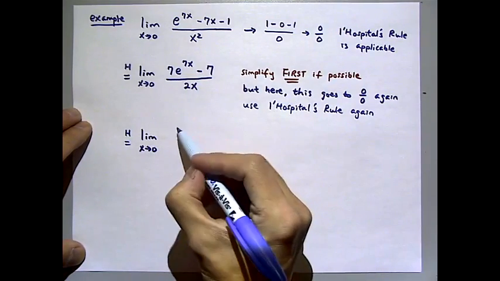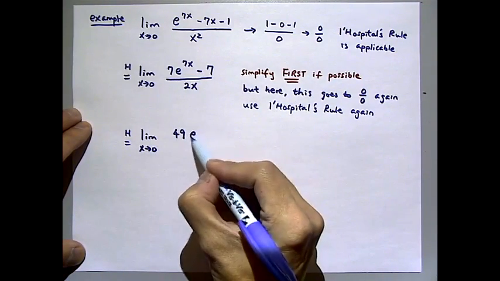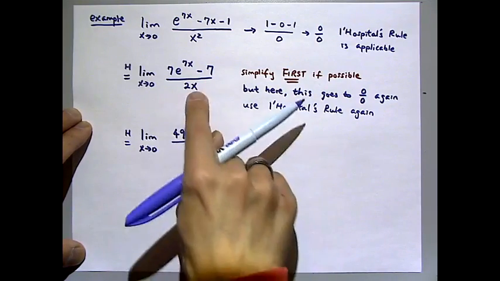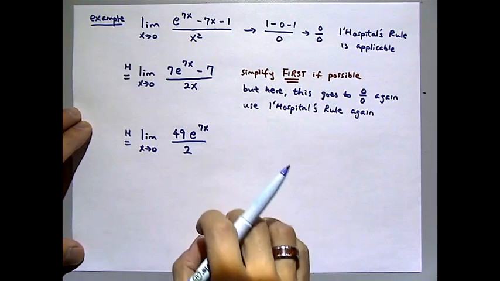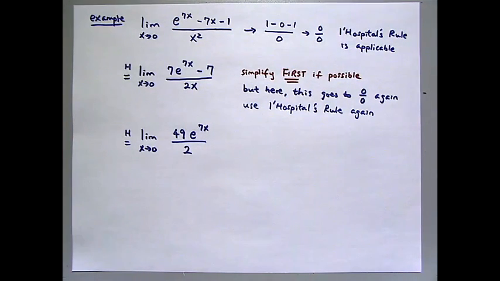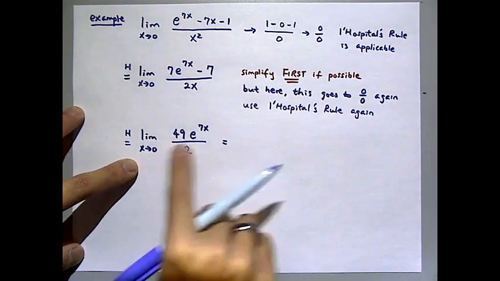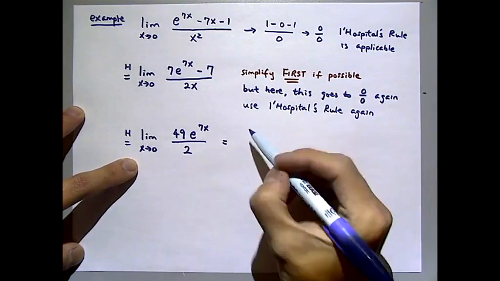That's going to give me a 49 e to the 7x. That disappears. Downstairs is a 2. Now this clearly doesn't go to 0 over 0 or infinity over infinity, so no more L'Hopital's rule. We stop right here. Whatever comes out of this is the limit that we get. So let's see, we get 49 times 1 over 2, and there it is, 49 over 2.